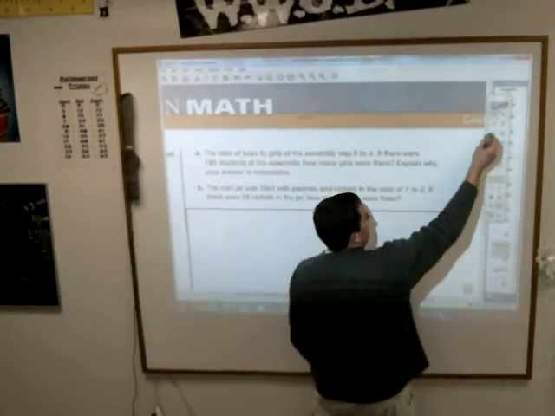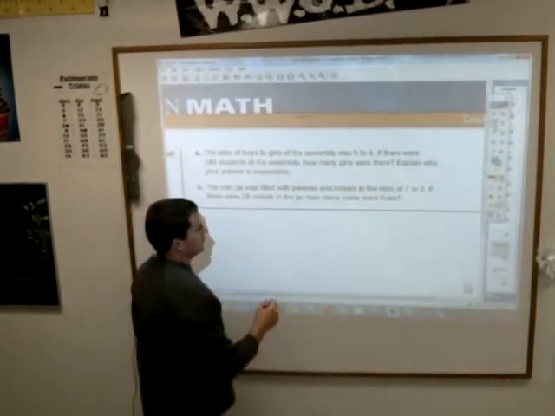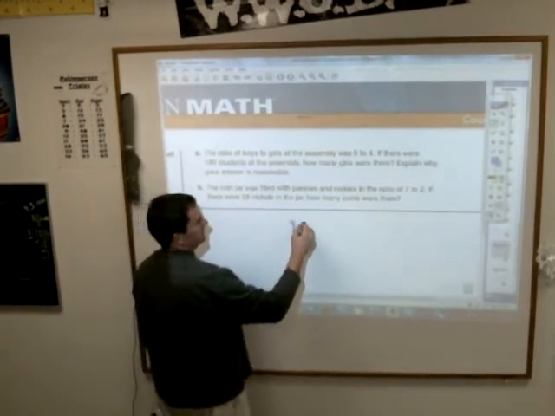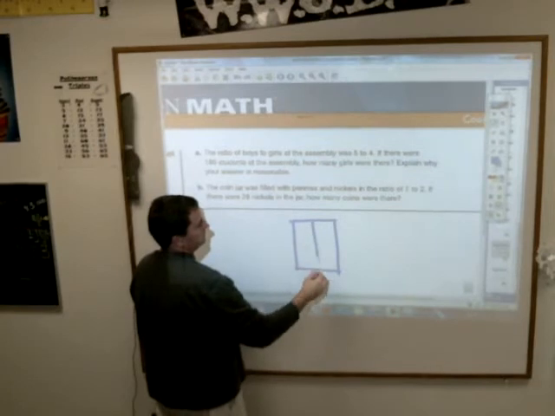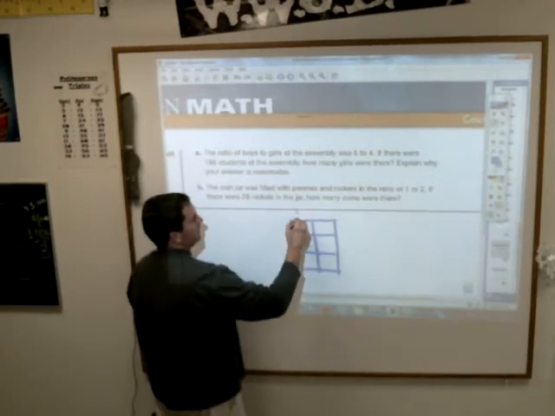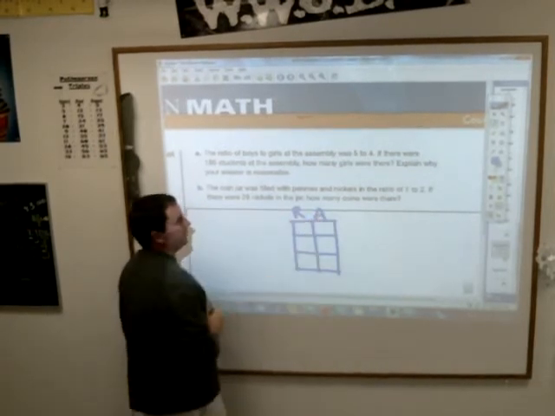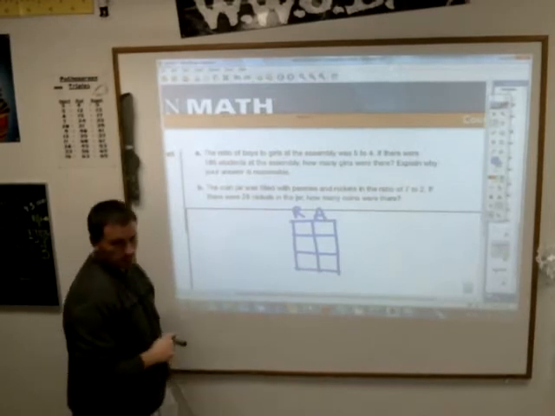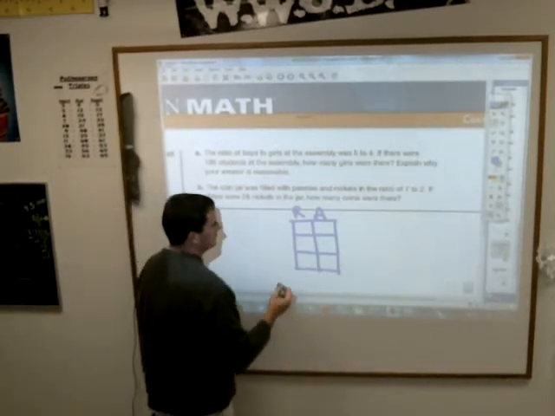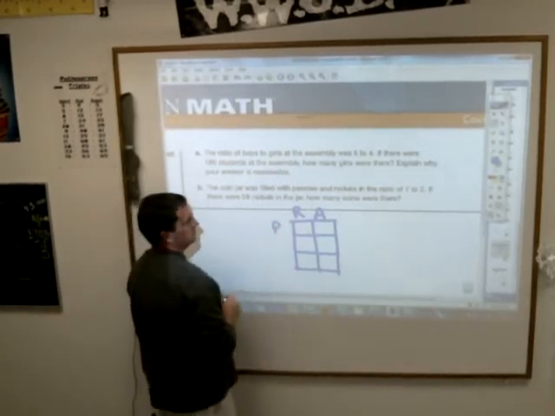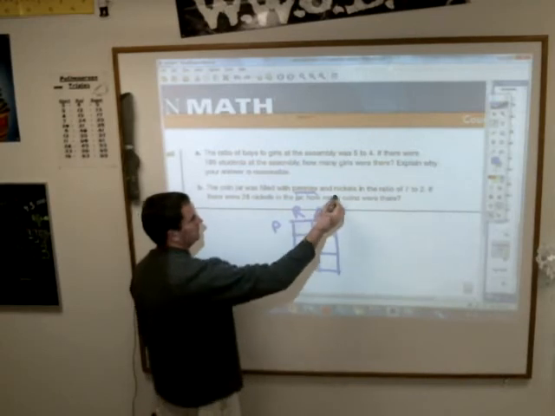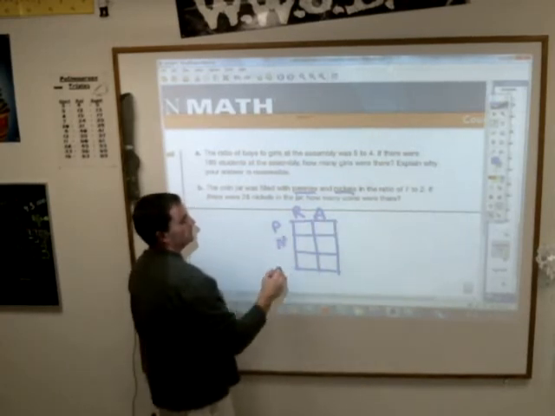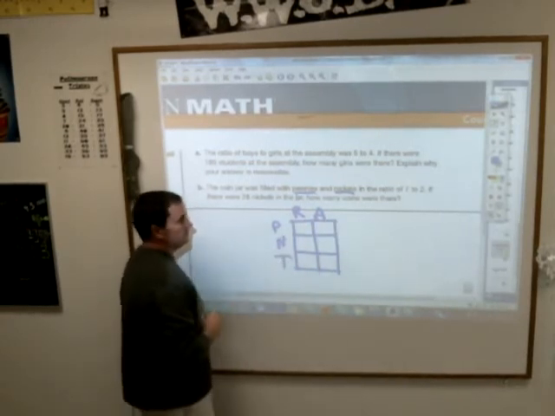Okay, so we're going to draw our box, right? And we've got ratio, we've got actual. What are we comparing? Pennies and nickels, and total.